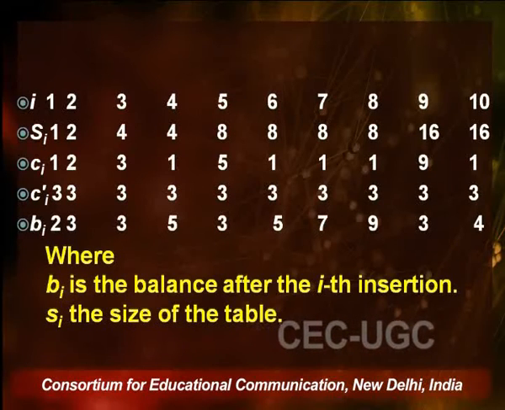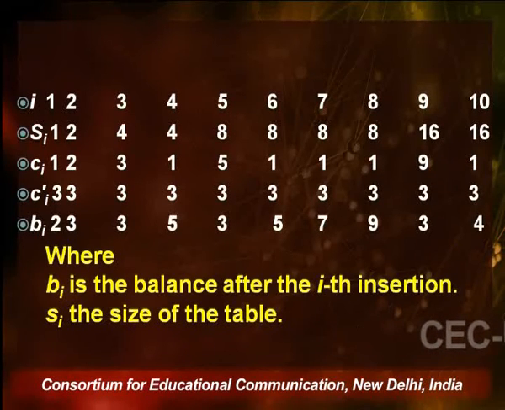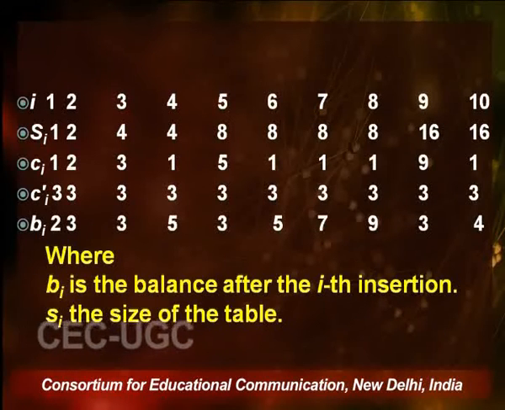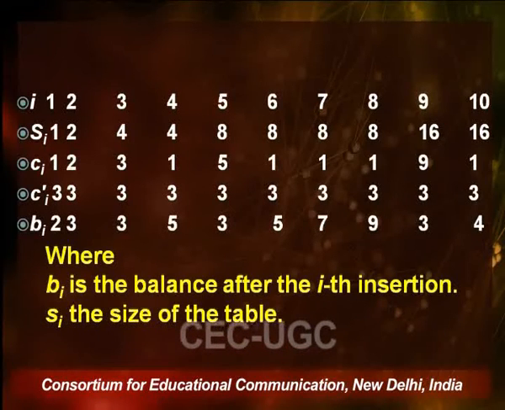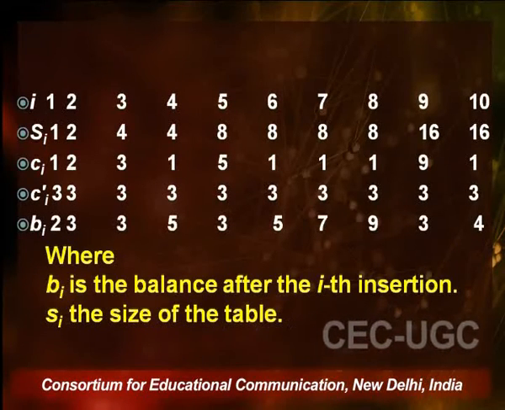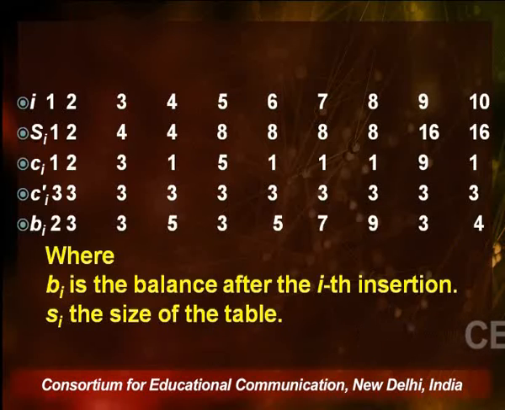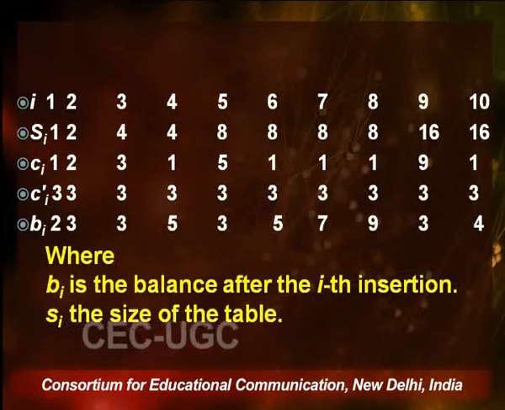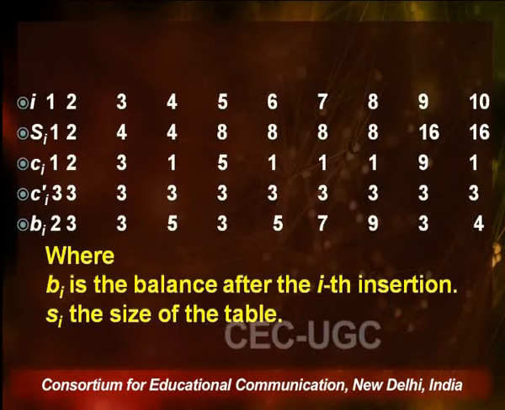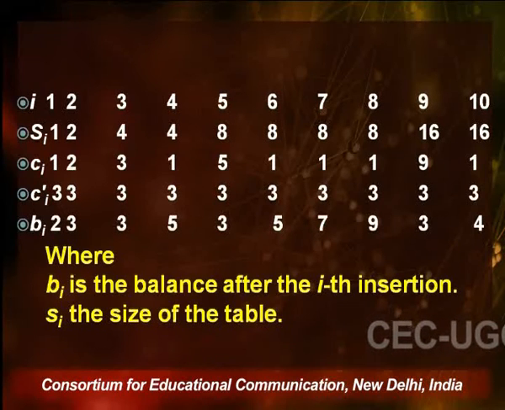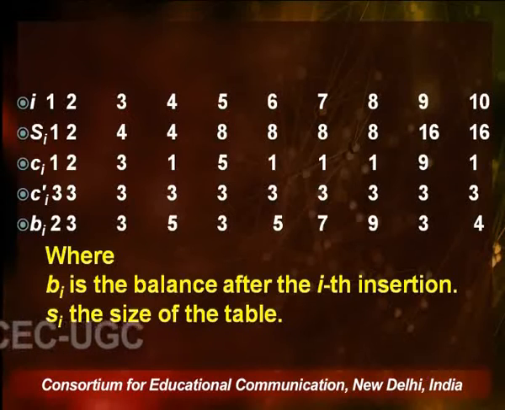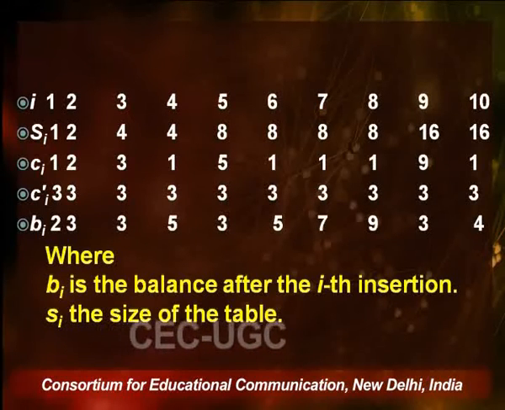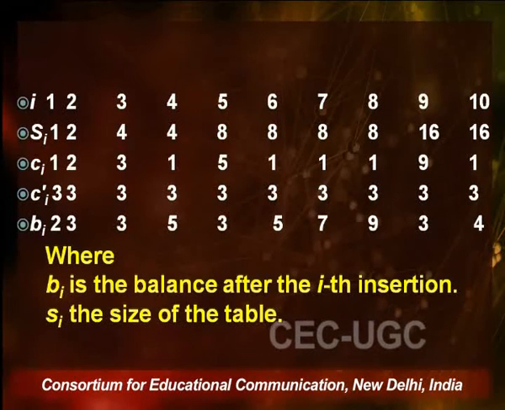So, for 5, 6, 7 the size was 8, even for the 8th element the size was 8. If we want to insert the 9th element, we do not have space, we need to double it. So, at operation number 2, 3, 5 and 9, the size is being doubled, and that is what is written in the row Si.